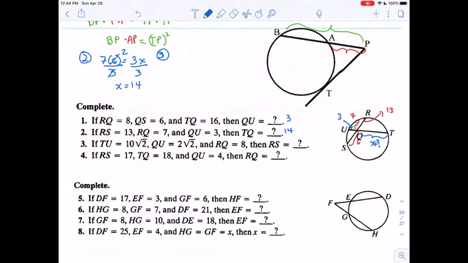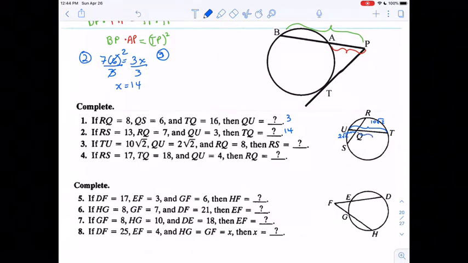For number 3, we're given TU is equal to 10 rad 2. So TU, the entire length of the chord, is equal to 10 rad 2. We have QU is 2 rad 2. So think about it a moment.